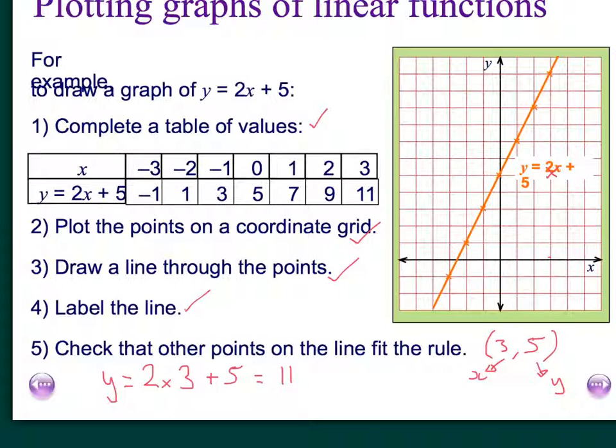That coordinate cannot fit on the line. But a coordinate that would is 3, 11. Let's double check. 1, 2, 3 across, 1, 2, 3, 4, 5, 6, 7, 8, 9, 10, 11 up. Well, that one is on the line. And actually, I knew it was because there's one there.